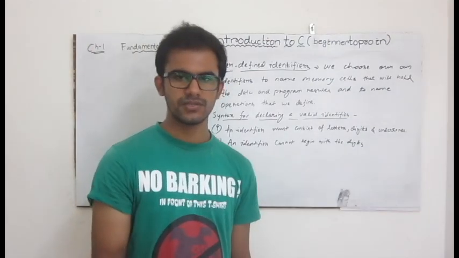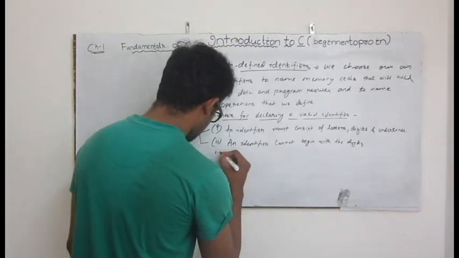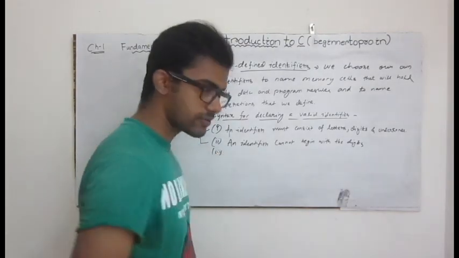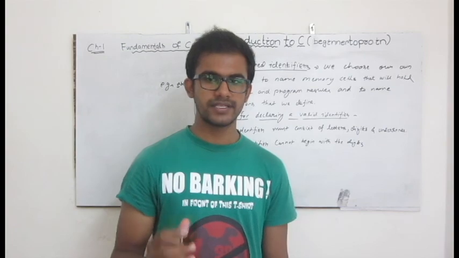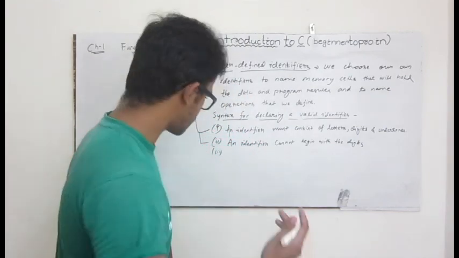So what does our third rule say? Our third rule says that a C reserved word cannot be used as an identifier.